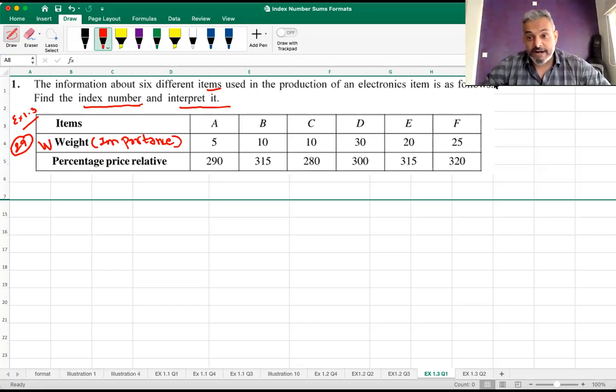Percentage price relative. What is percentage price relative?